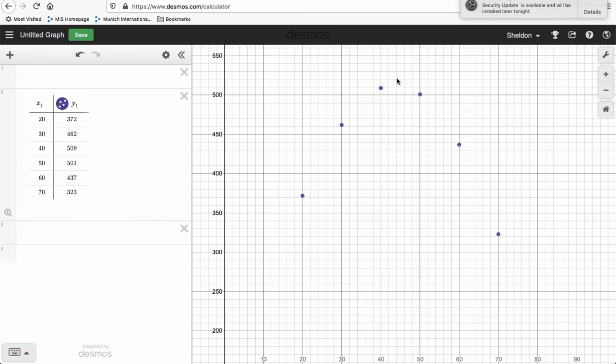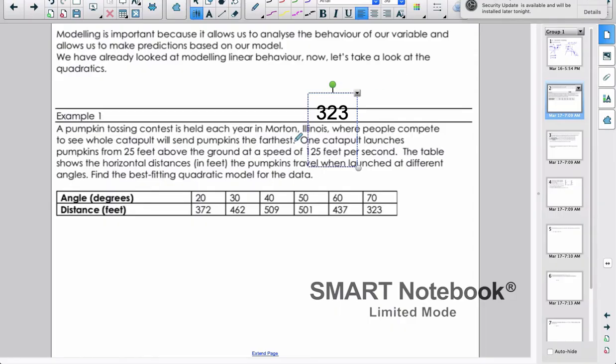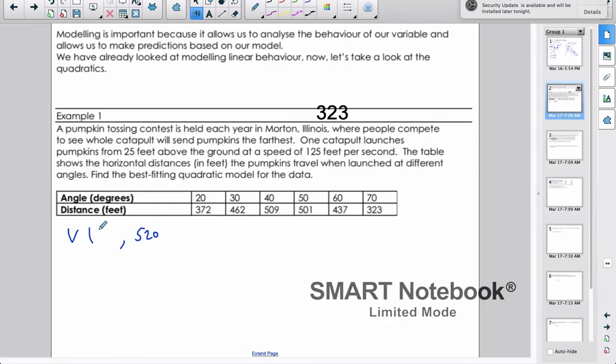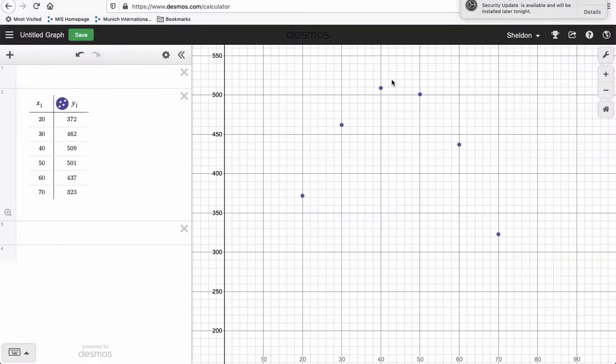So the vertex, the y value would be about 520. The x value is going to be 2 blocks over from there, so that's 44. So 44, 520 is our best bet for the vertex.